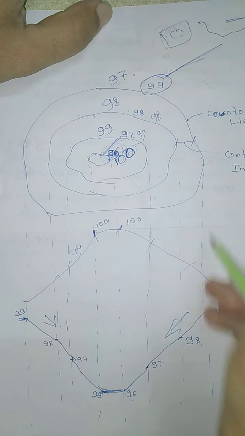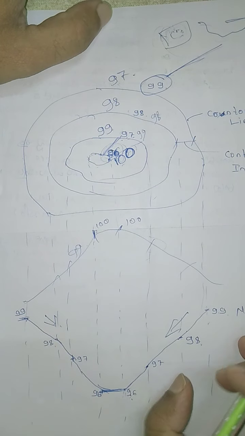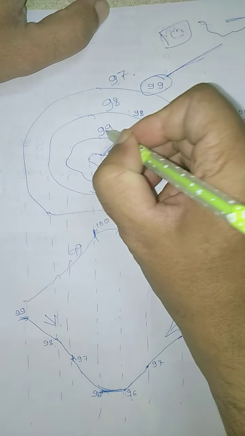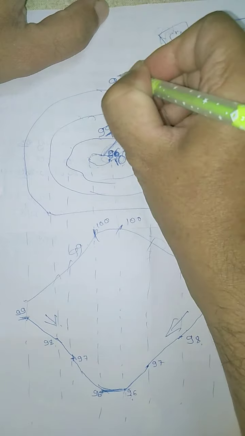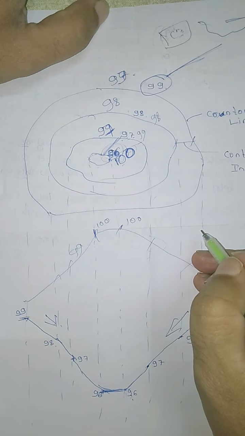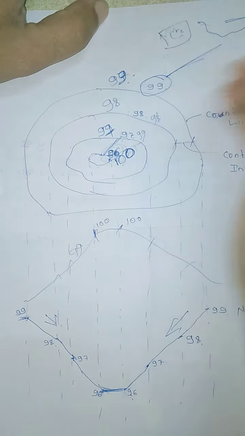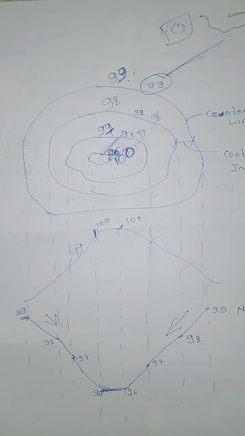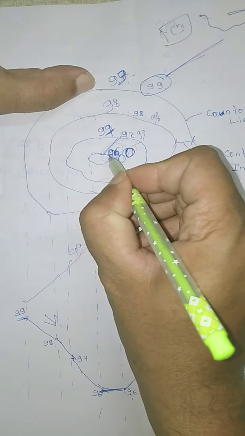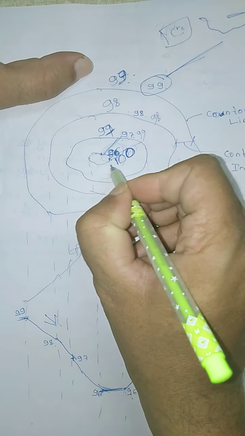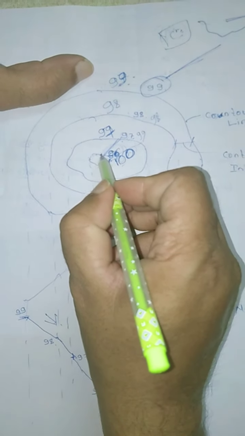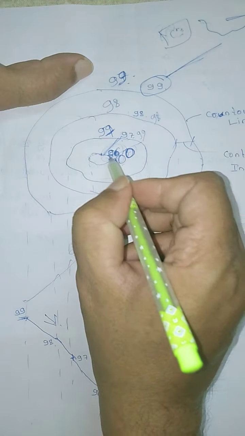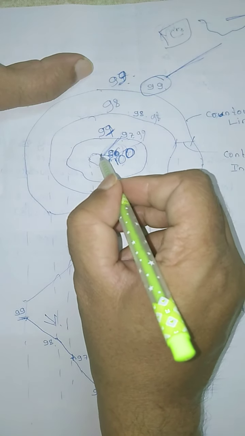This line is nothing but the contour line. Now what these numbers represent is 96, 97, 98 or 99. In this area, by using a theodolite or a dumpy level, you have determined the RL, the reduced level, and wherever the points of 96 RL meet, there you have drawn this particular imaginary line.